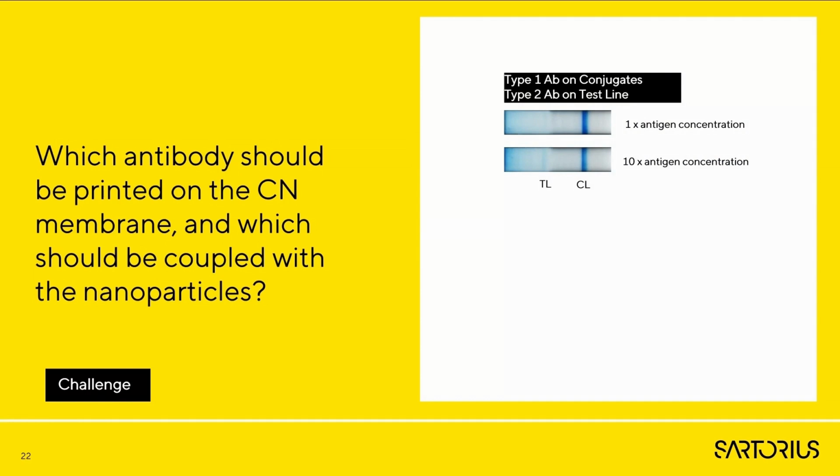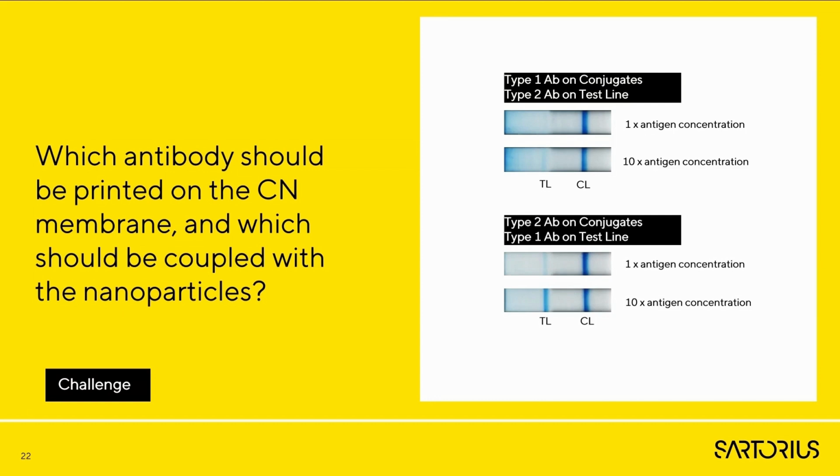Even at low and at high antigen concentration, we could not get sufficient test line signals. However, if we change the order, that means coupling type 2 antibodies on nanoparticles and striping type 1 on the test line, for both concentrations we could get sufficient signals and a clear background.